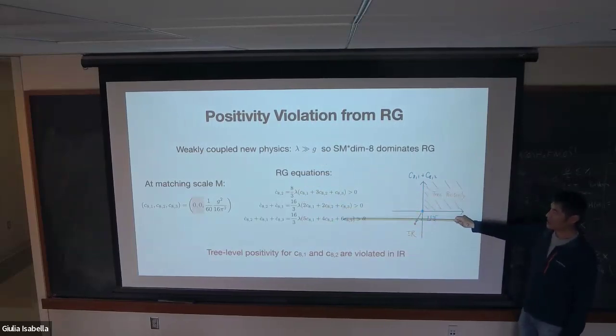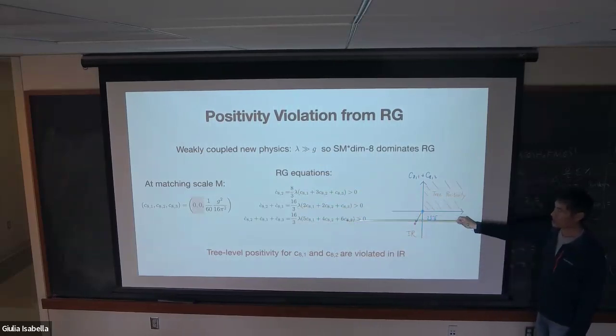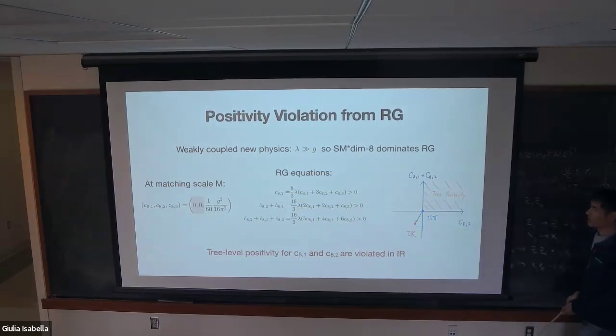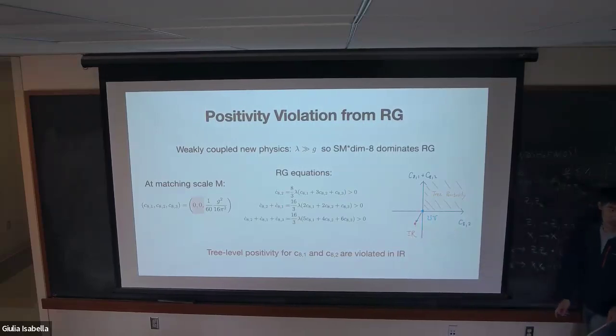And because C is positive and the lambda phi 4 potential is positive, the RG contributions are all positive. And because we were already sitting at the boundary in the UV, so all the RG running is positive. So it means that if you go to the IR, it flows to the negative side. So this is a model where it violates the tree-level positivity.